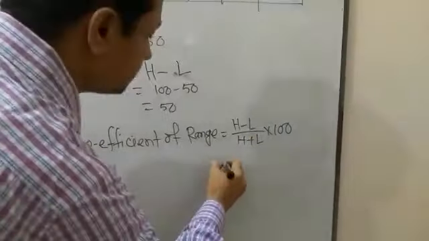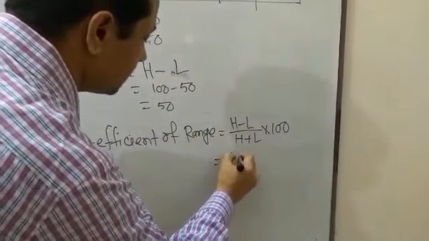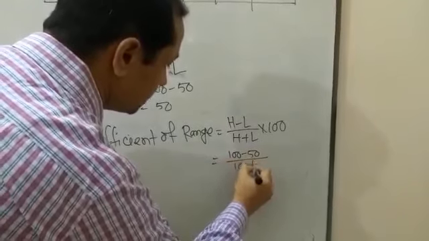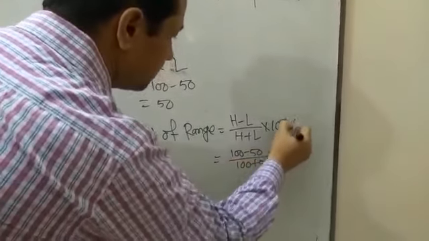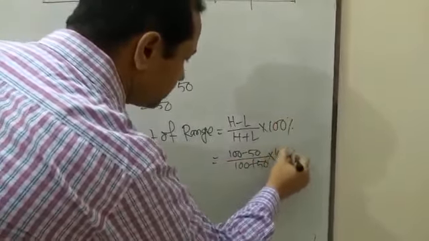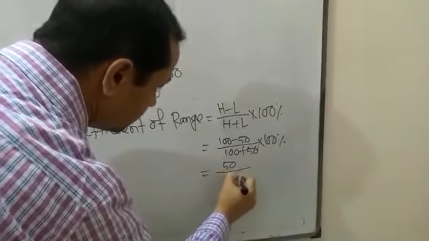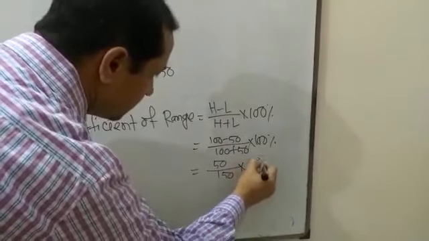Putting the values, 100 minus 50 by 100 plus 50 into 100%. So 50 by 150 into 100%.